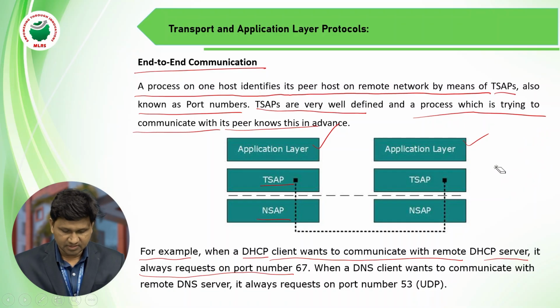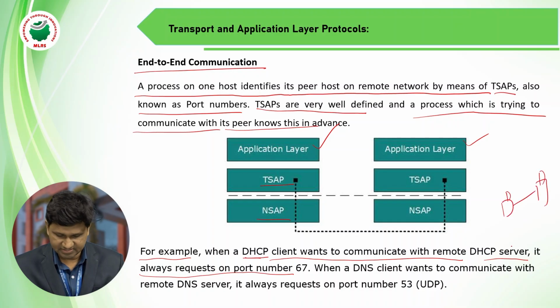Let's consider an example. When a DHCP client wants to communicate with a remote DHCP server, let's consider I have two devices, it always requests on port number 67. Then I have another server called DNS.